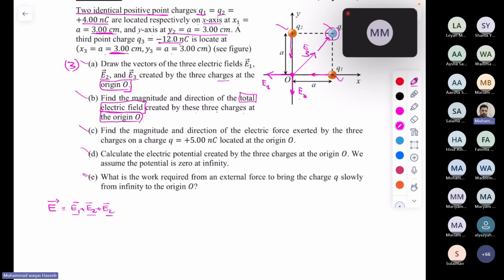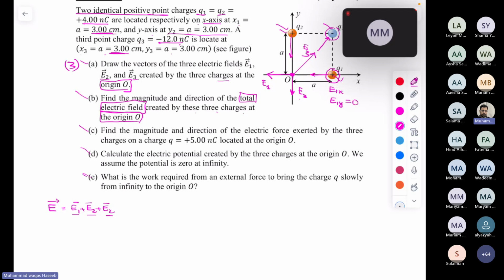In that case, we have 3 charges, so we have to calculate the electric field of every charge. If you see this, the first charge is on the x-axis, so it has only the x component, and its y component is 0.